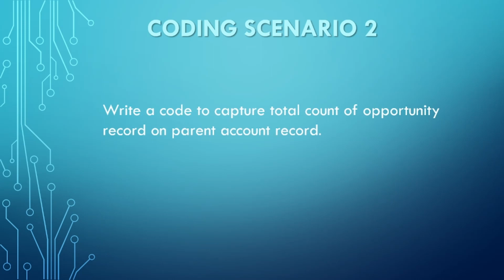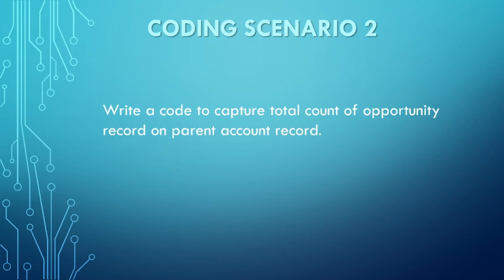next part is you can use the after context, and since it is a count, you can consider all the events where the counts can vary, okay, can change. So that's where it will be after insert, after update, after delete, and even after undelete. Okay.